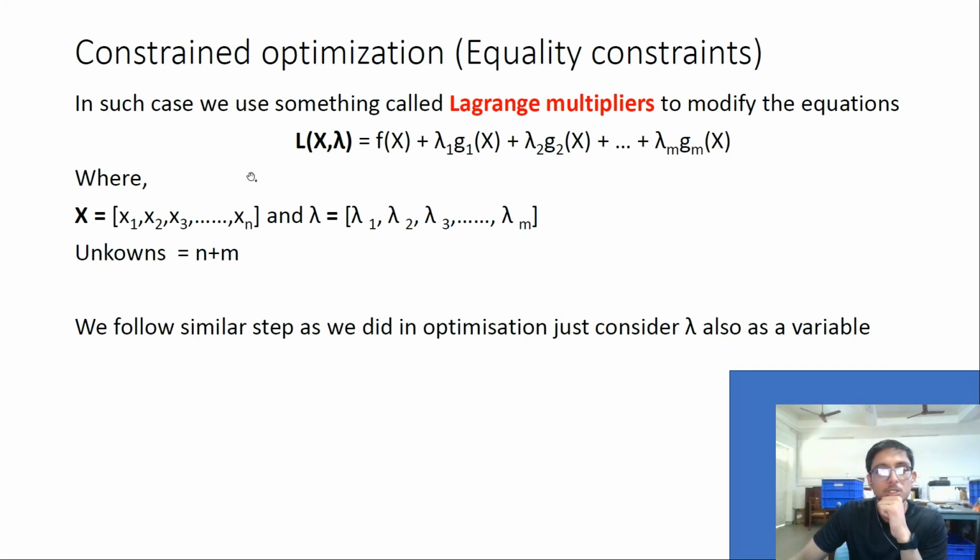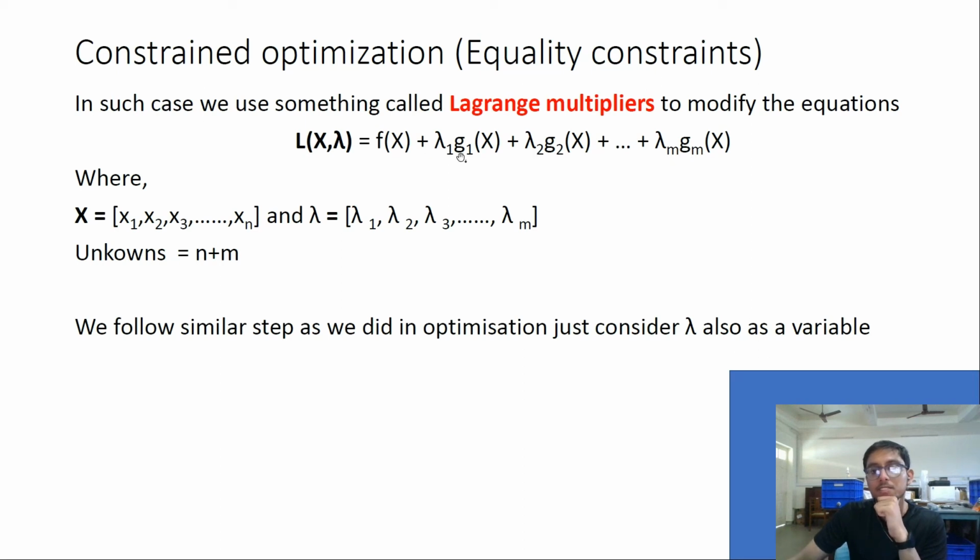Okay. So when this is the case, you modify the function that you have to minimize or maximize by adding the constraints to the function, and multiplying them with a lambda, which is called a Lagrange multiplier. The first constraint we multiply with lambda 1, the second constraint with lambda 2.